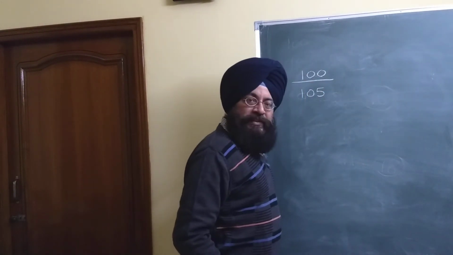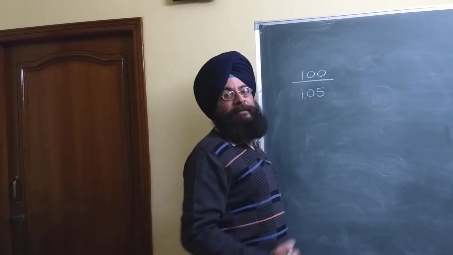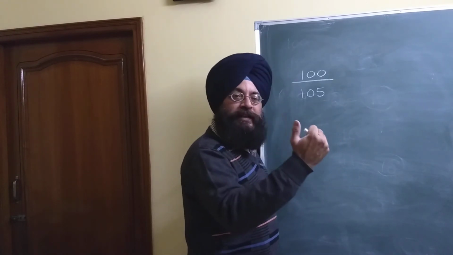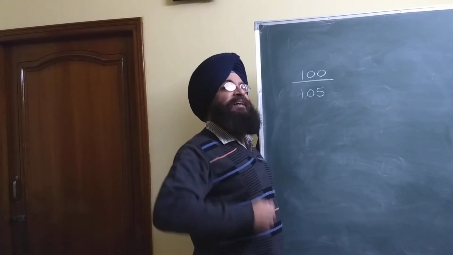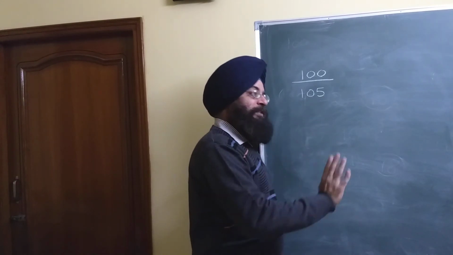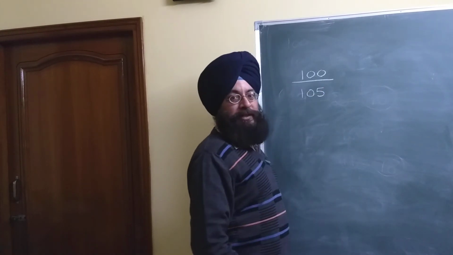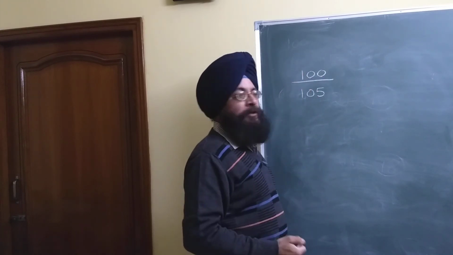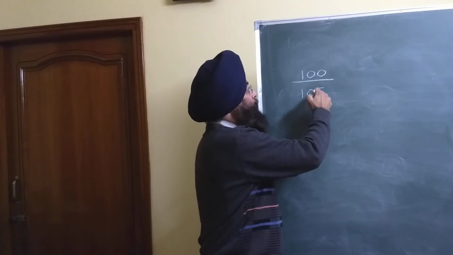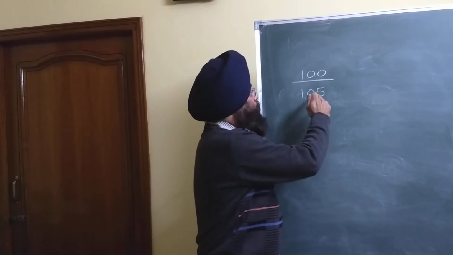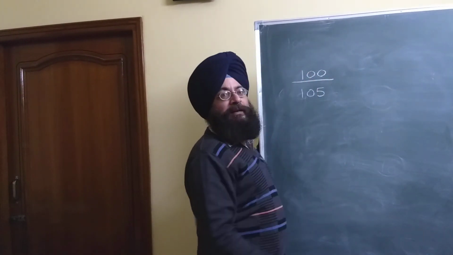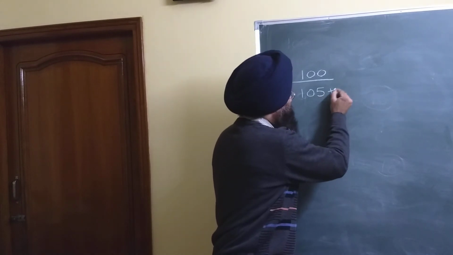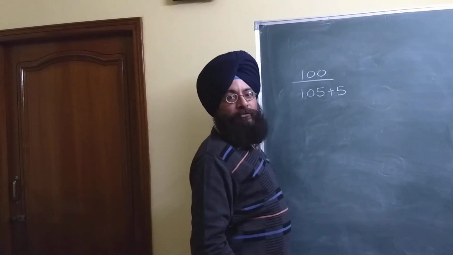Since the number is more than 100, you have to further increase the number by the same amount. Like in our first case, we had to reduce the number by the same amount by which it is falling short of 100. In this case, the number is more than 100. 105 is 5 more than 100. So further we are going to increase this number by 5.